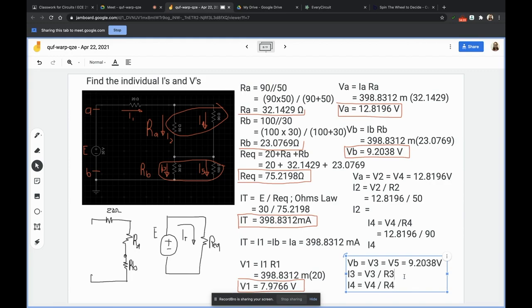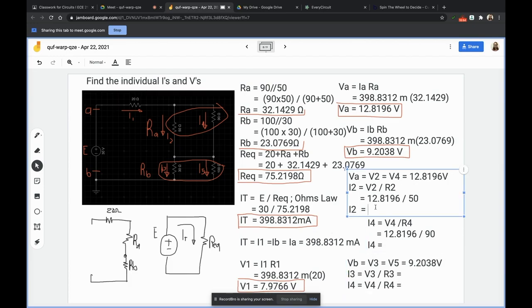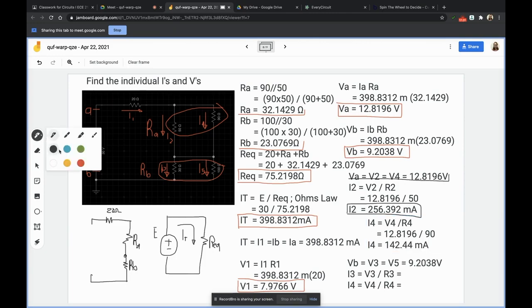So what are the values? If you sum up I2 and I4, it will be equal to 398.82312 milliamp. The same here. I2, so that is 256.392 milliamp. The other one will be divided by 90. So what is our I4? 142.44 milliamps. You see what I'm telling you?